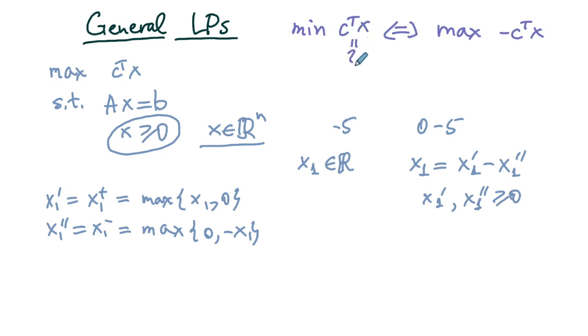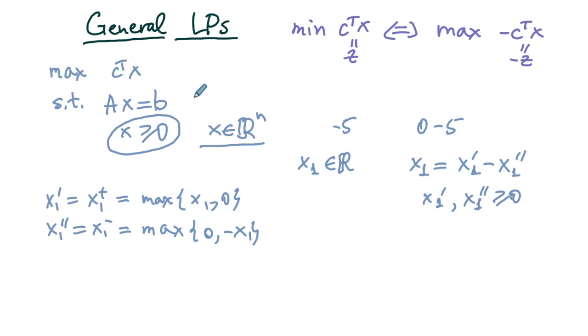If this is z here, then this is negative z, and maximizing negative z is the same thing as minimizing z. Of course, in the end we'll obtain the maximum value of negative z, and we'll need to multiply it by -1 in order to obtain the optimal objective value for the minimization counterpart. So the objective covers all the possibilities.